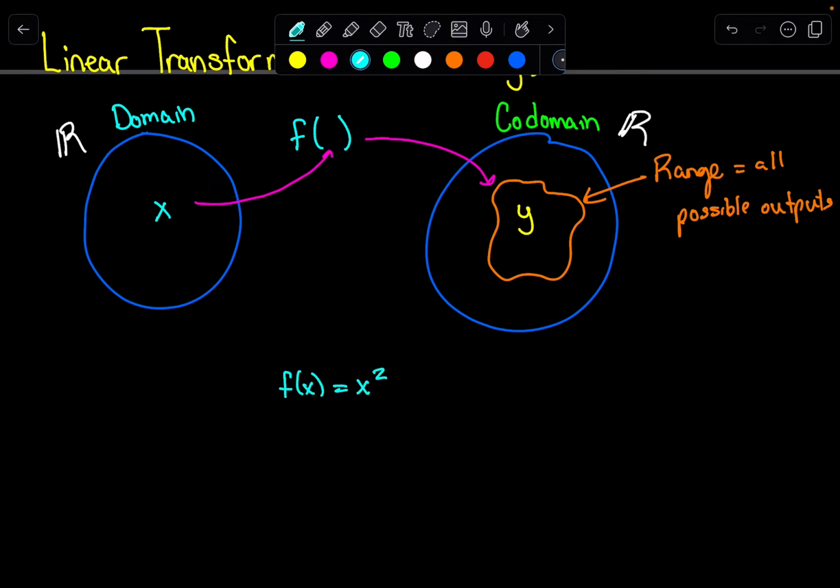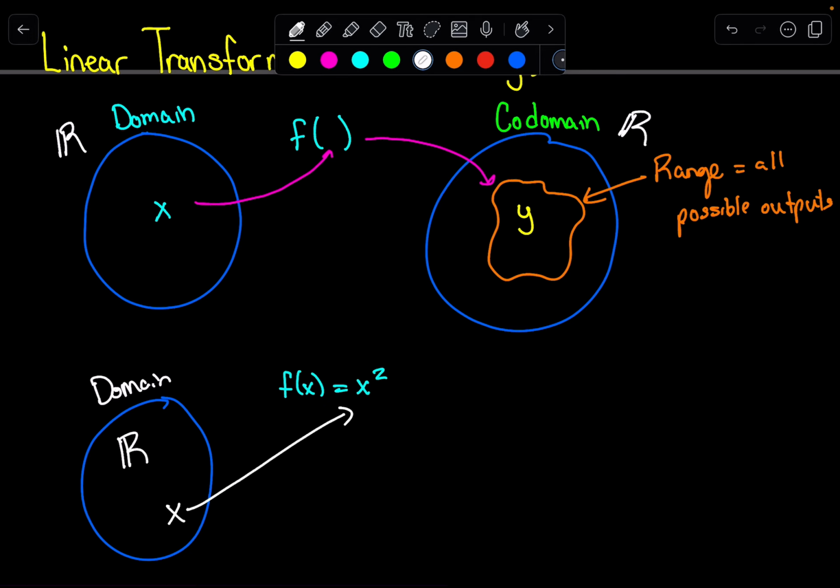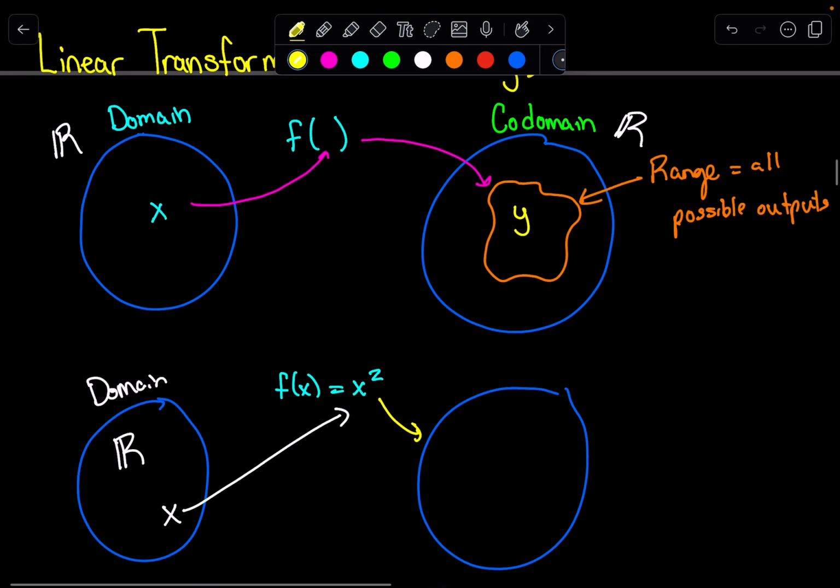The domain of that is all real numbers. I can put any x value that I want in here. What am I going to get out? Well, I'm only going to get out positive numbers. I'm going to get out from this thing all positive numbers and 0. So you can think about it as if this bubble is all real numbers, then the codomain is all real numbers.